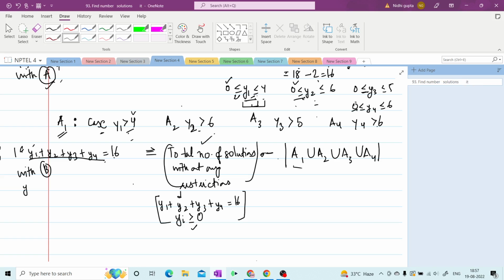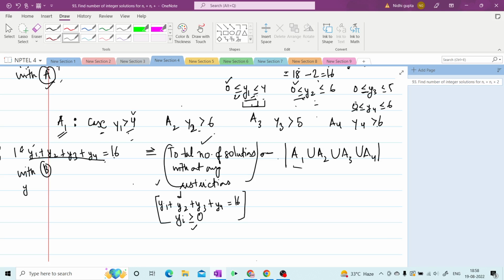Now, we have these ranges, so we know these are all the solutions, and we are removing the bad solutions, as in the solutions that we are not required to count. Among all these solutions, if we have any solution where y1 is greater than 4, we are not required to count that because the range of y1 is between 0 and 4.